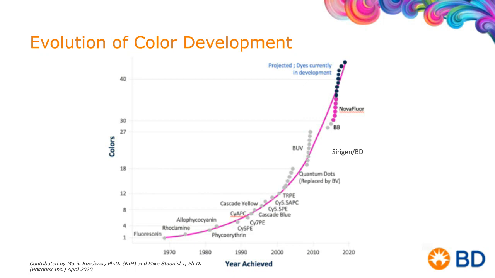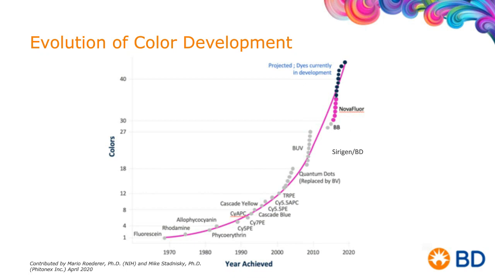And then today we are seeing the NovaFluor colors come in. So for everyone in our field, this is an amazing time to have so many choices. The colors are getting better. They spill less. They're very bright. Their extinction coefficients are in the millions. And with those, we can do many things we couldn't do before.